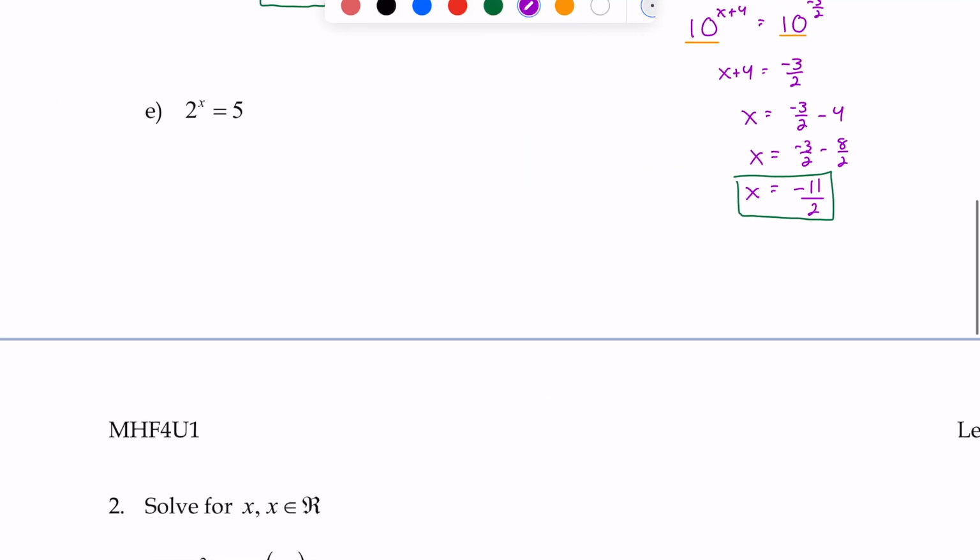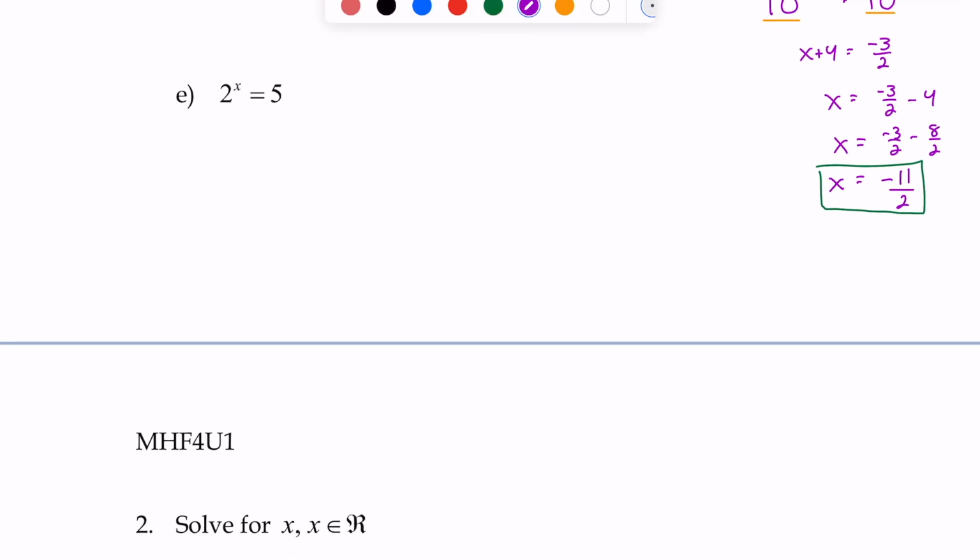Okay, E. So 2 to the power of x equaling 5. As we approach the problems, you might be thinking, how can I equate these bases so I can set the exponents equal to each other? In all the other problems, the bases were factors of each other, all right? 10, 2, 3.